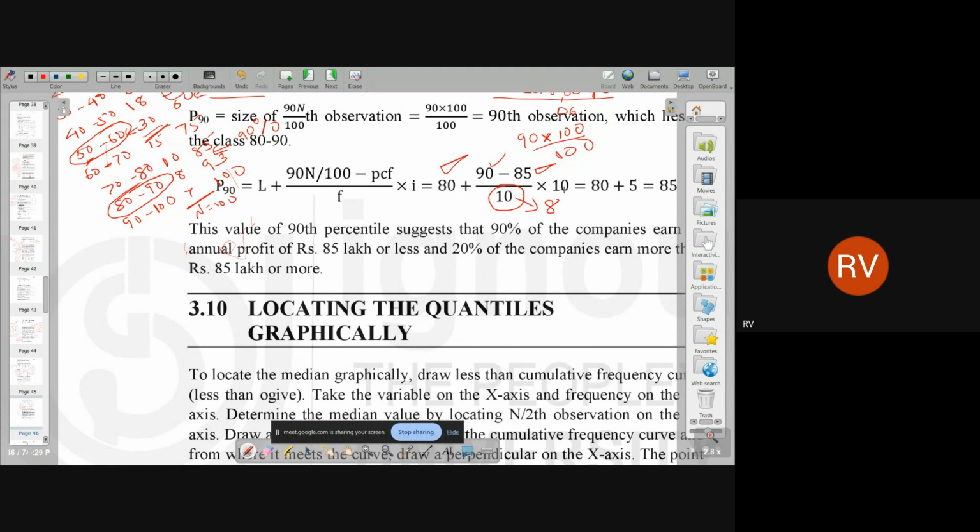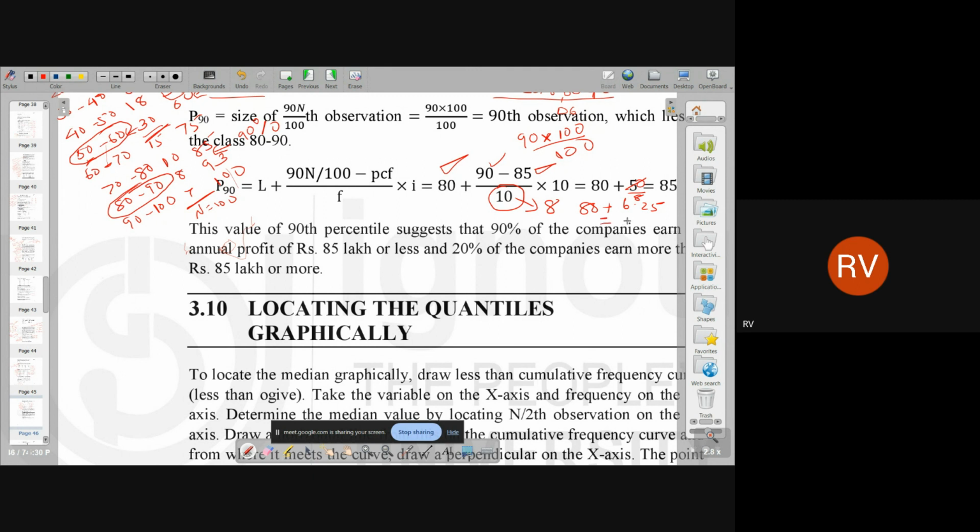That is 80 plus 5 into 10 by 8. 50 by 8 is 6.25, so 6.25 is correct.